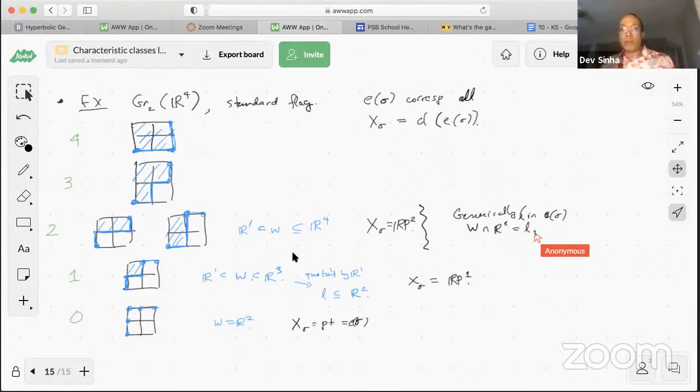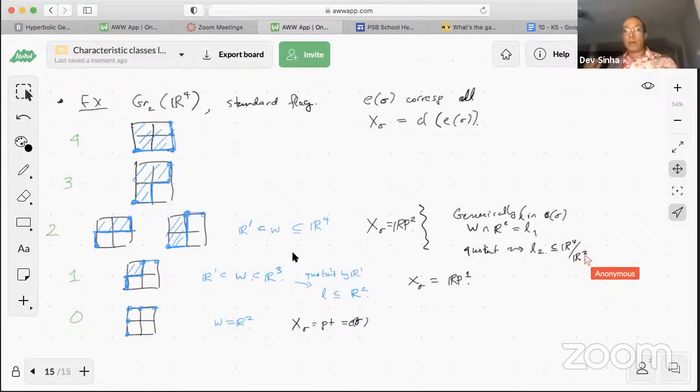And then what you can do is you could say, again, generically, just quotient by that R2, and you've got something in R4 mod R2, which is R2, and you look at the quotient, you get an L2 inside of R4 mod R2.